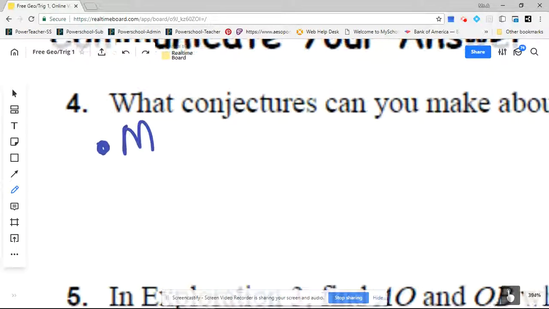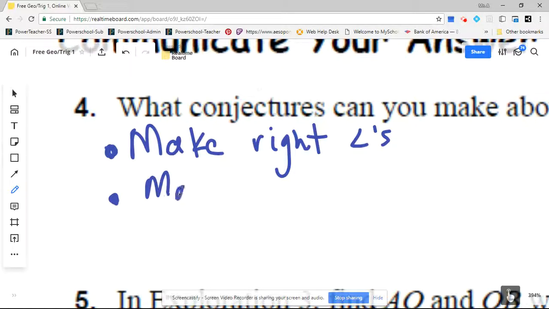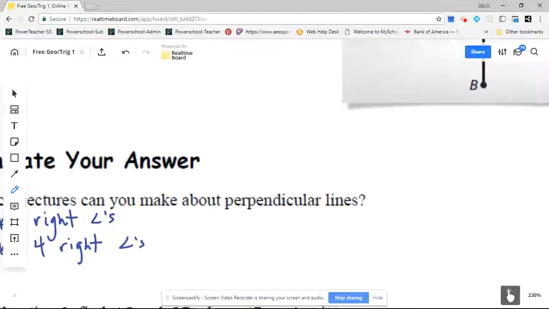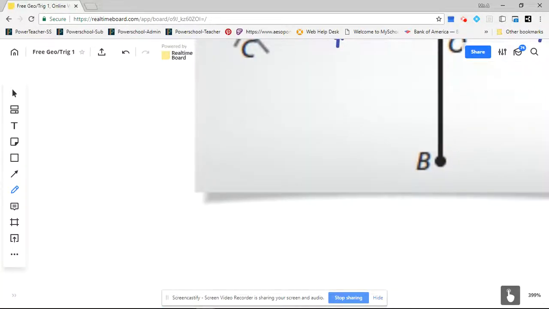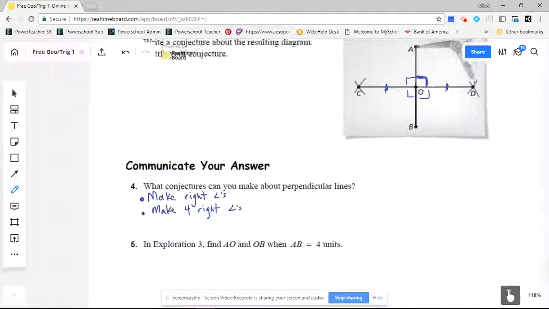And you could also put in there that they make 4 right angles, not just one. So on this picture right here, you could actually put a right angle box in any of these angles. Those are all going to be right angles. So they make 4 right angles.